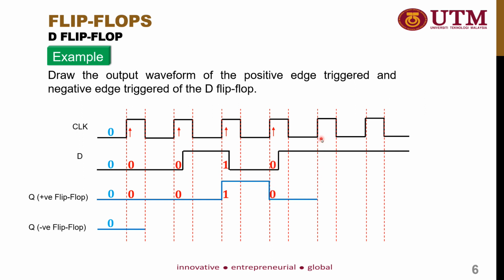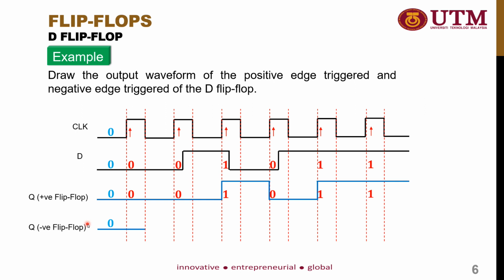For the next rising edge, the input D is equal to 1, therefore the output Q will follow the input D and become 1. And on the last rising edge, the input D is equal to 1 and the output will equal 1.